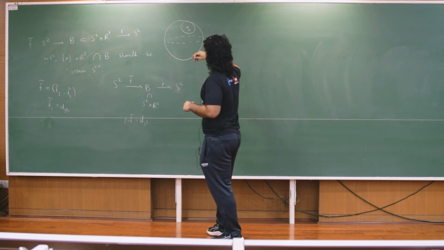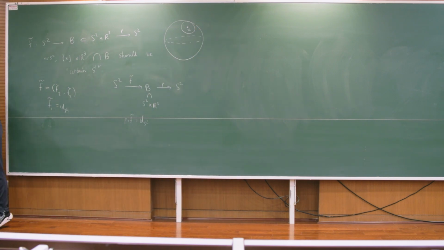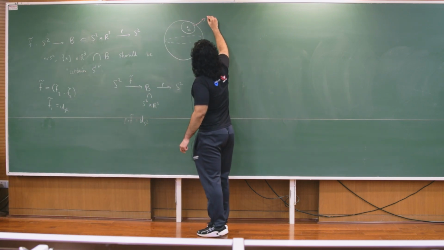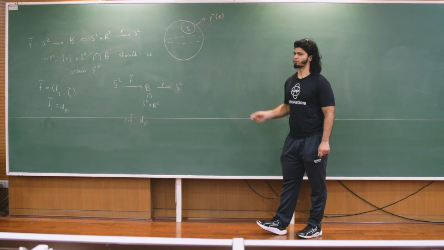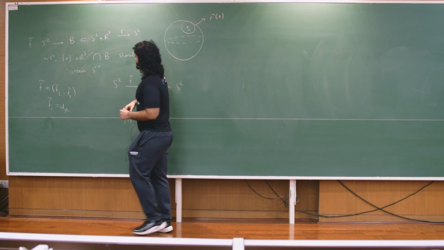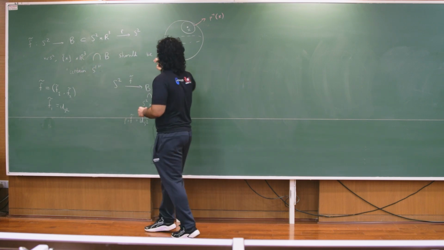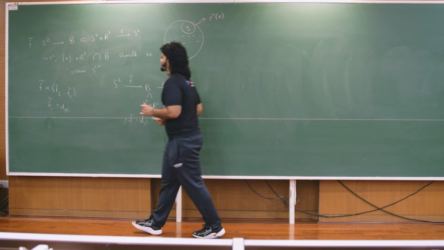This circle is basically P inverse of x, in terms of this projection map P. That's what I said over here, that x cross R3 intersection B should be that certain S1 which is tangent to S2 at that point.